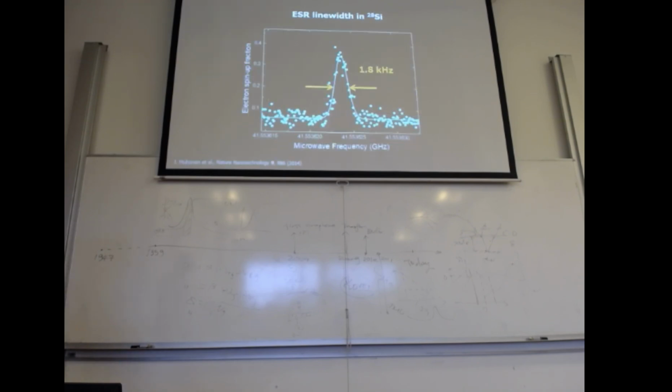And then this is why it's so important to work in silicon 28. This is the resonance line width of one of these ESR transitions, and you can see it's 1.8 kilohertz. This is at 42 gigahertz. So this is an extremely narrow peak in terms of spin resonance.